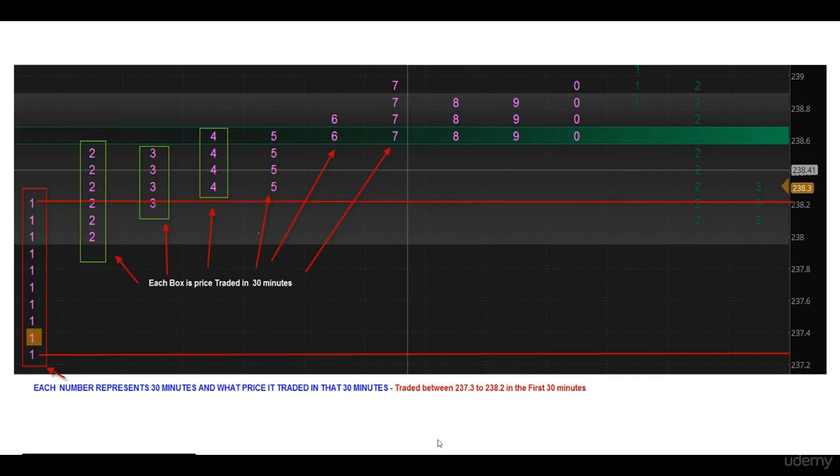In this case, it traded between 237.3 and 238.2 in the first 30 minutes. Similarly, now you have the next half an hour, the next half an hour, and so on. Once it goes past the 9, the color change represents the afternoon time frame.